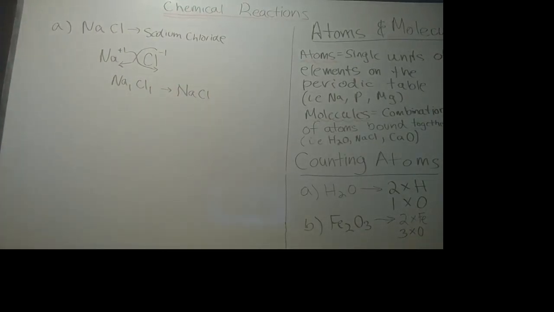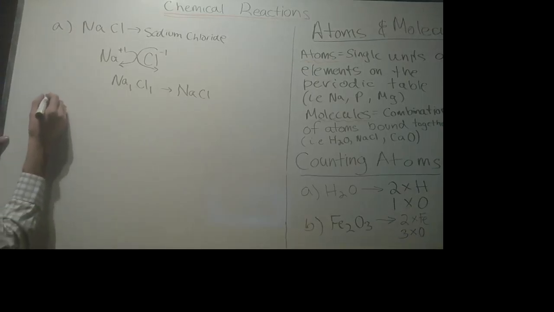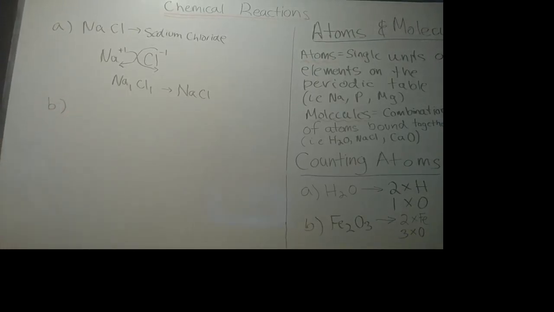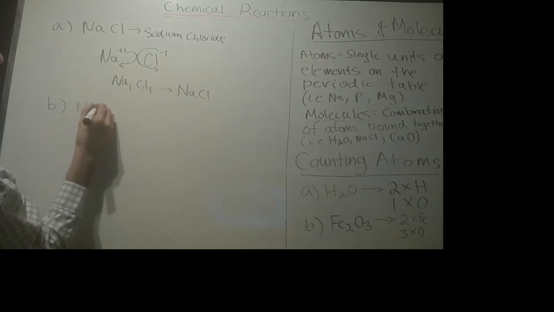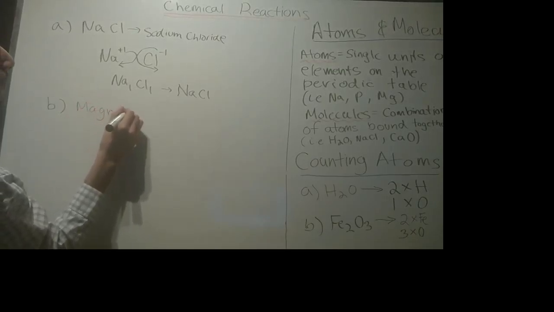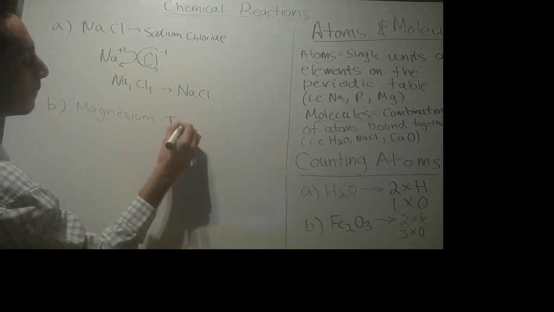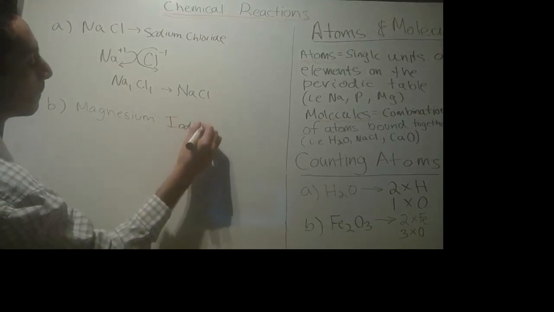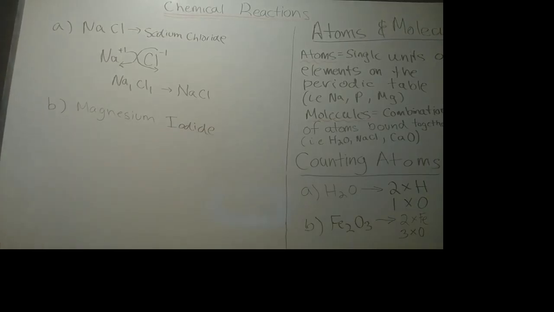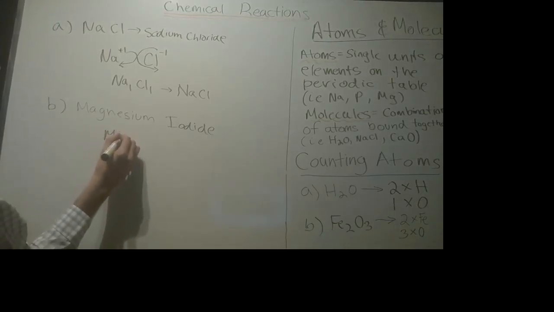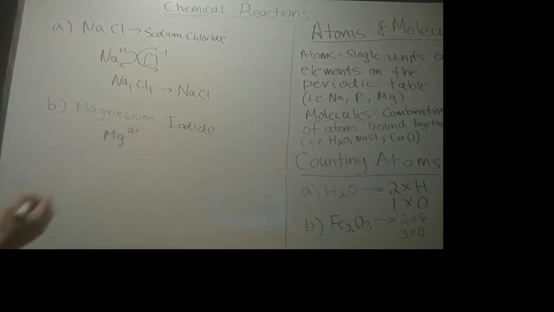Let's try another example. Let's try magnesium iodide. So as I mentioned, magnesium is part of the alkali metals, which all have a charge of +2.